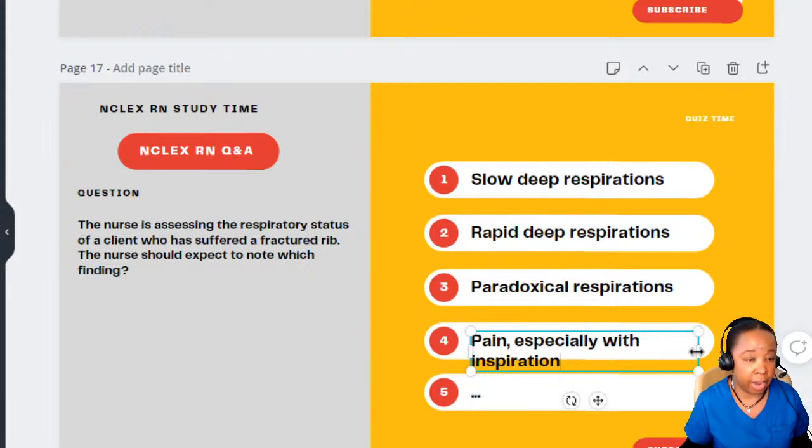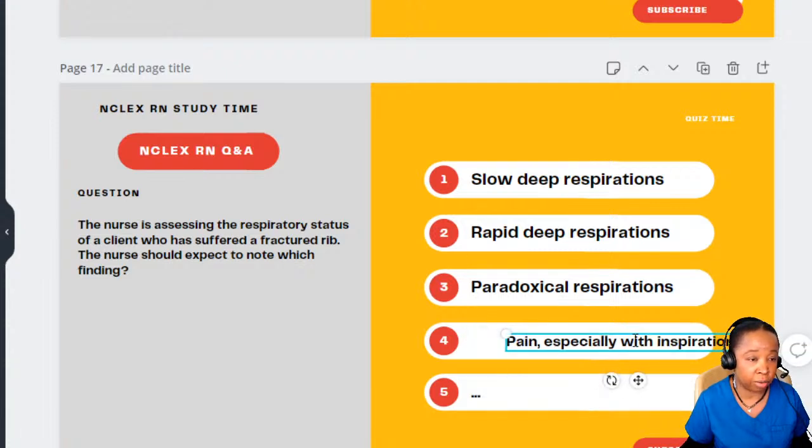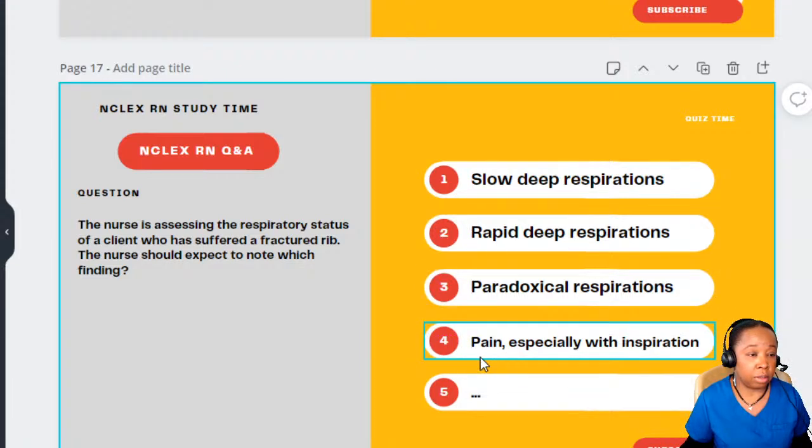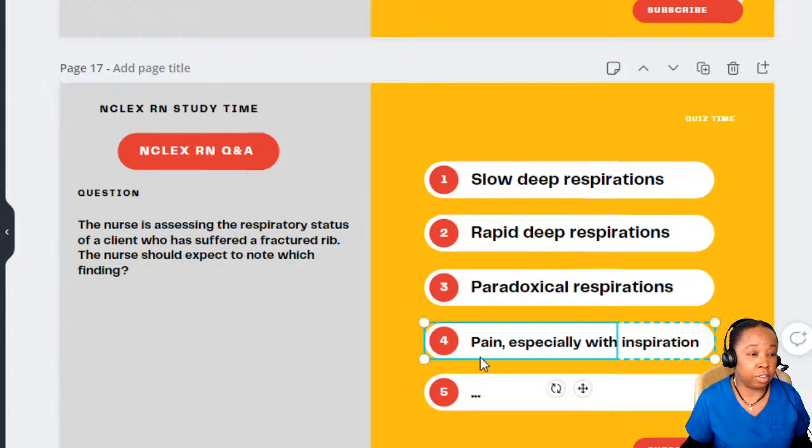Expiration is when you breathe out. Do you think the patient will have more pain while breathing in or while breathing out? So the answer is 4. It's pain, especially with inspiration.